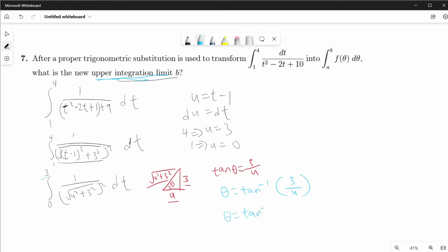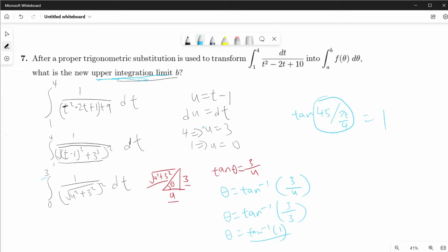Theta will go to tangent inverse of 3 over 3, which is tangent inverse of 1, which is one of the common angles you should know. Tangent of 45 degrees, or pi over 4, is equal to 1. So that will be our answer for the question.